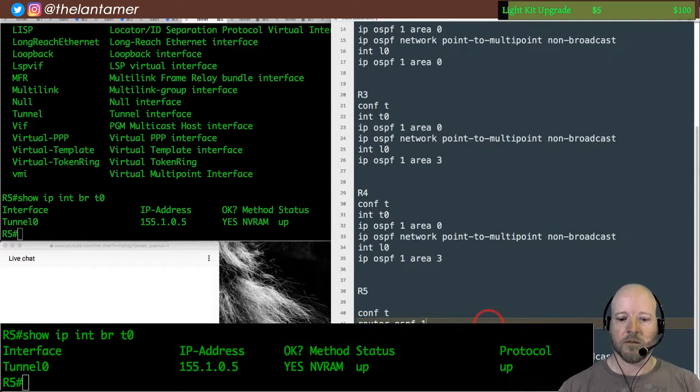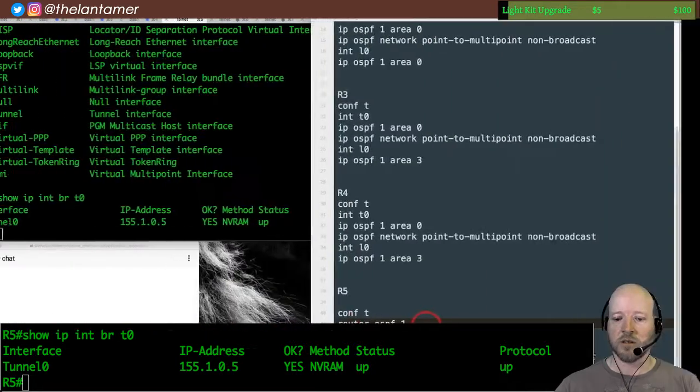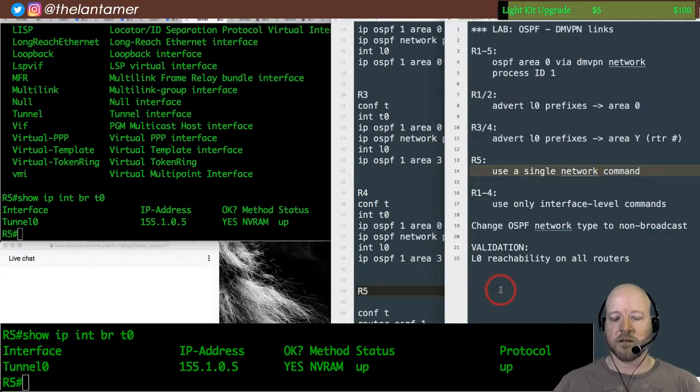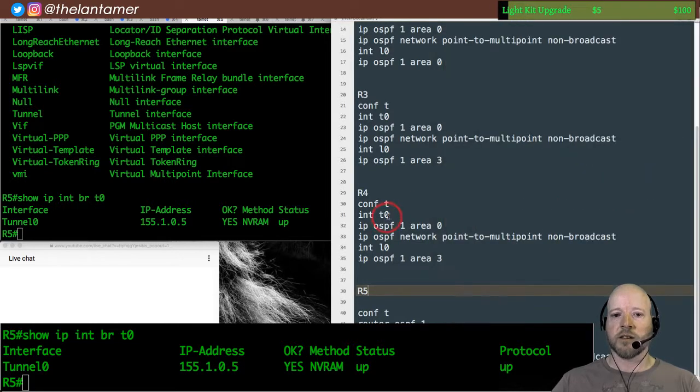Yeah. Router OSPF 1, network statement. Interface tunnel 0, IP OSPF network point-to-multipoint non-broadcast. Okay, I think that is our config.